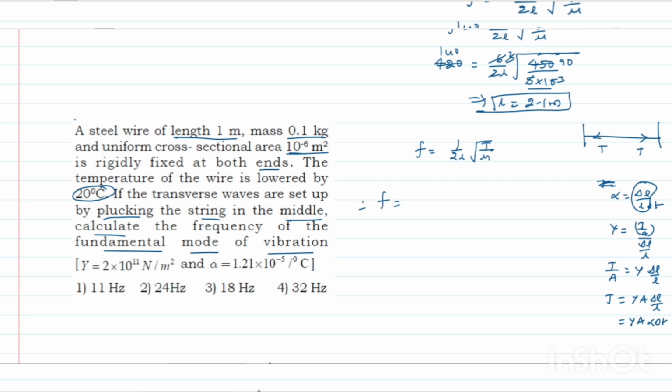So therefore the frequency equals 1 by 2L into root over, instead of T, Y into A into alpha into delta T, by the linear mass density.